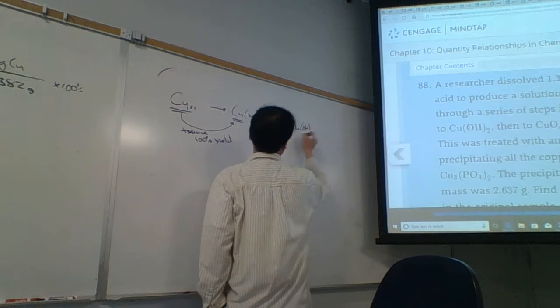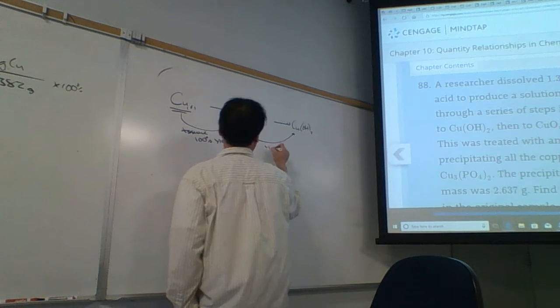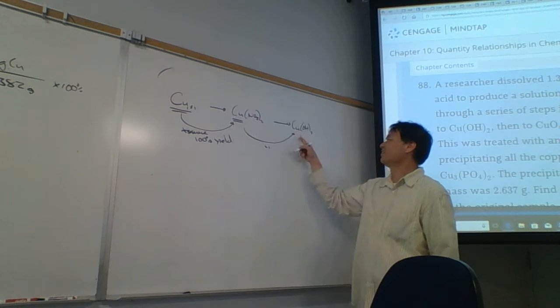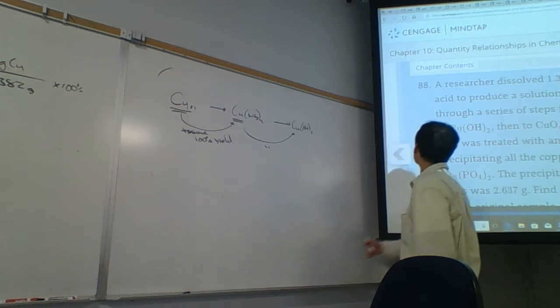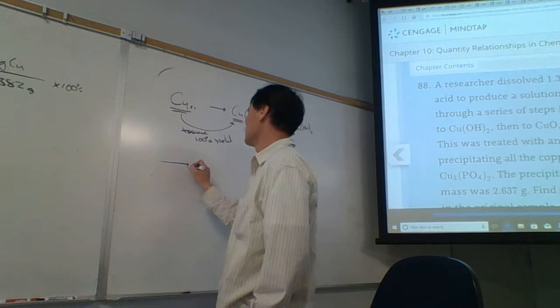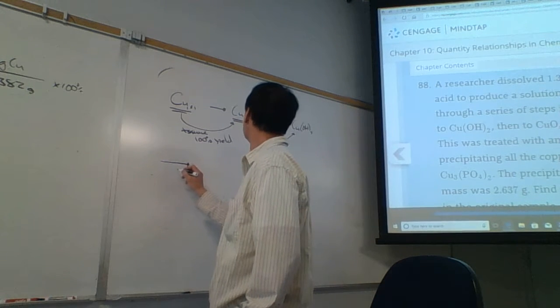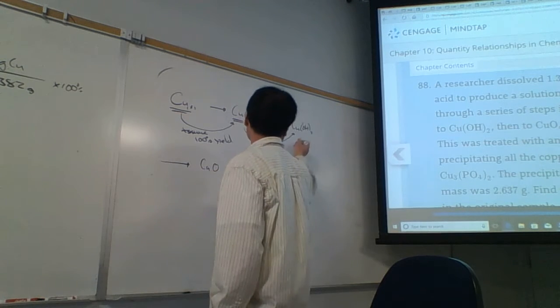And so what we have to do is assume that all the copper ends up here. We didn't lose any. And then from copper hydroxide, it's converted into copper oxide. Just heating it will do that. And so we end up with copper 2 oxide. And again, the same thing has to happen.